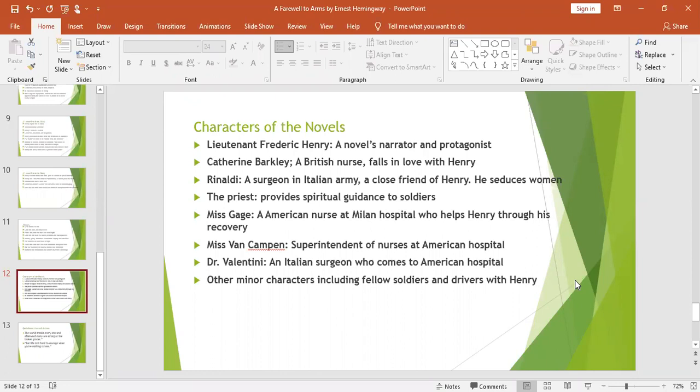Sometimes they operate on the soldiers in order to cure their wounds. So we come to know about these characters because these are the main characters, but the theme of the novel is basically war and love between Henry and Catherine.